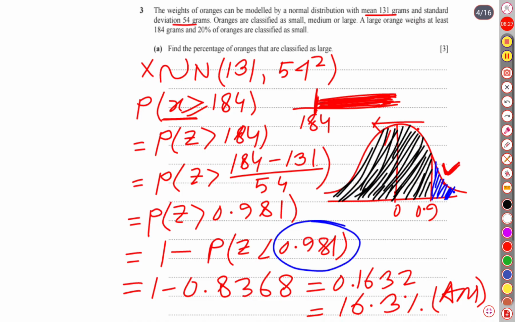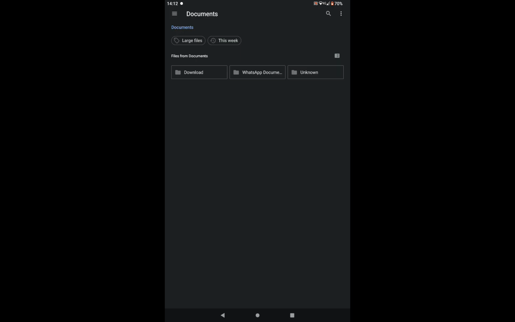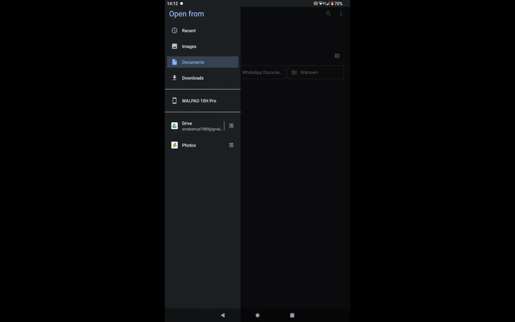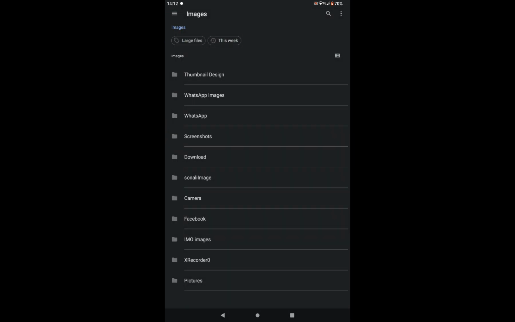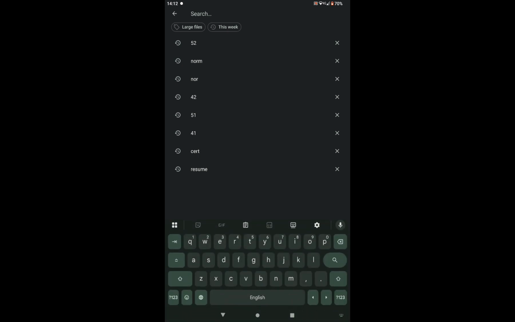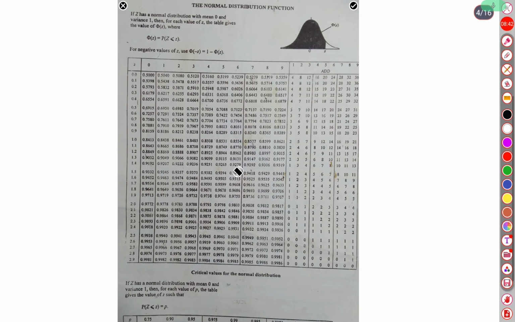So let's move on to the image. This is the image of the normal distribution, the graph of normal distribution.